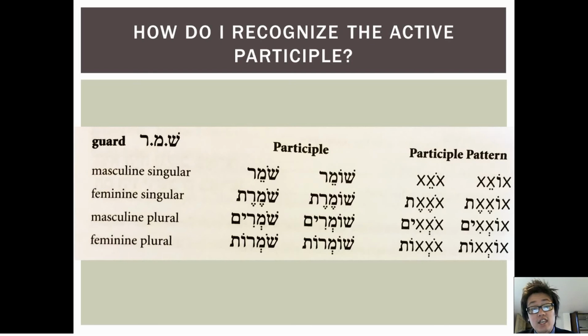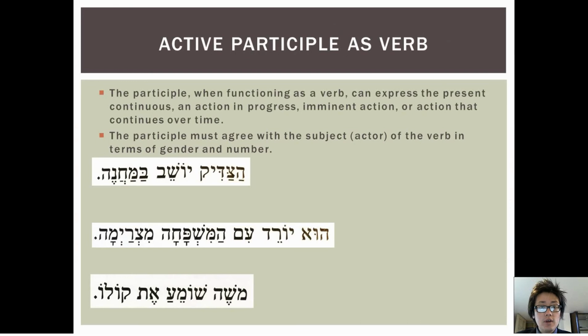But the im on the end of shomrim and shomrot, those are the plural endings for nouns and for adjectives. Those are going to be easy to recognize. You'll have to pay a little bit more attention to the feminine singular. But again, the key to note here is, if you think you're looking at a participle, look for that holum vav, or the holum between the first and second radicals. That's the key to recognizing these.